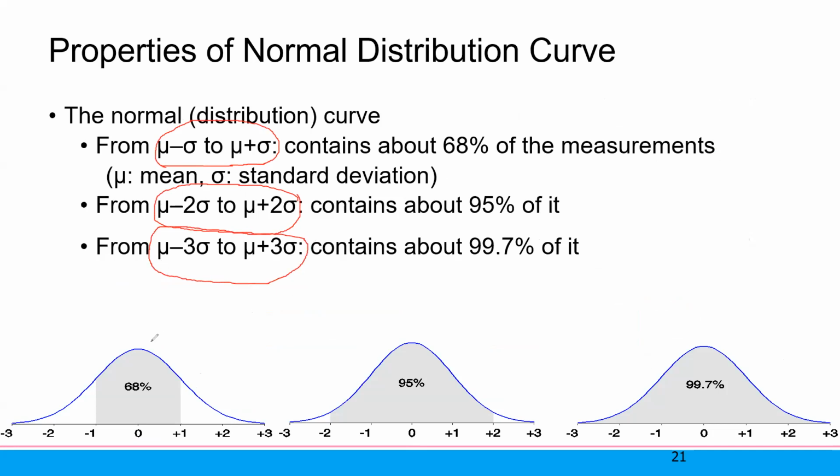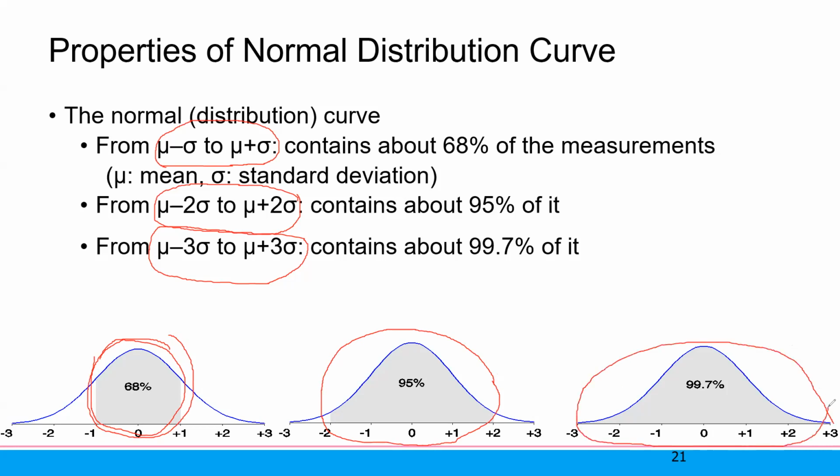So if we include only one standard deviation, the value may be just the normal one in the range of the mean. But if we have 2 standard deviations, the range is higher. And if we have 3 standard deviations, then we will include almost all the data.